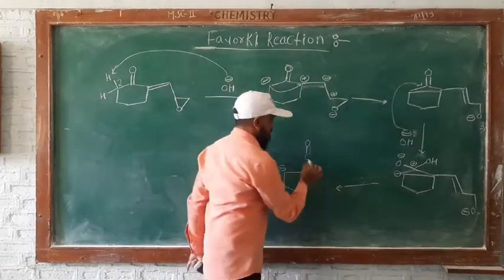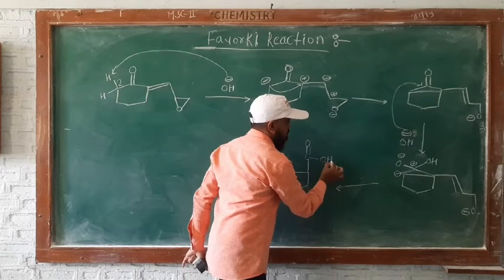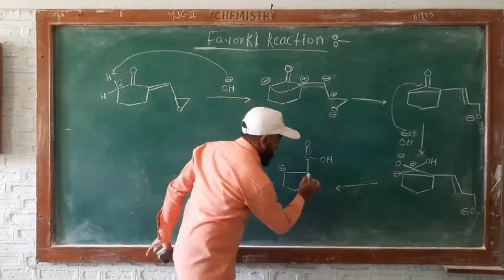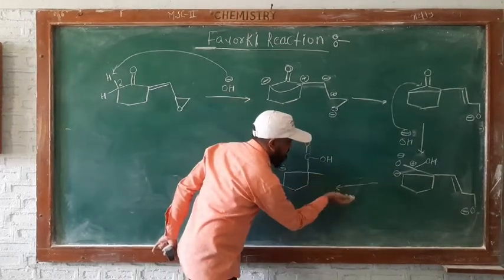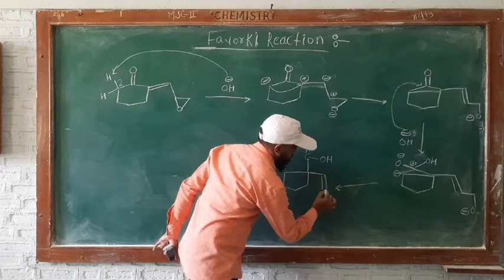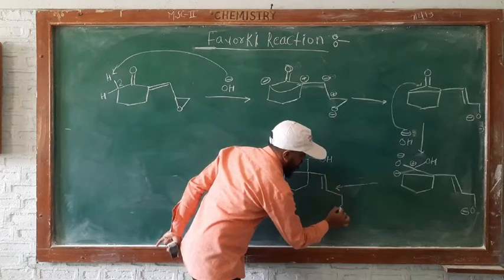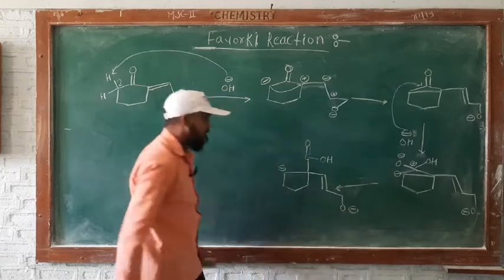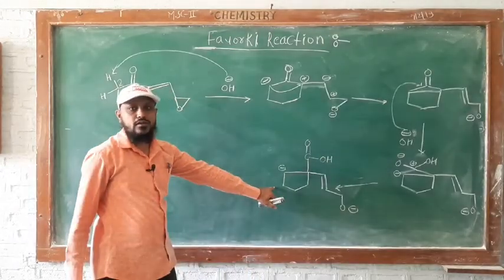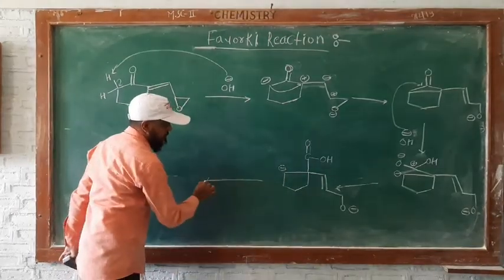Here this carbon generates a negative charge, this carbon is bonded with this carbon, and here the carbon has a double bond to O and one hydroxyl group is present, and this carbon contains this chain. So after the formation of this type of intermediate product, simple protonation takes place.